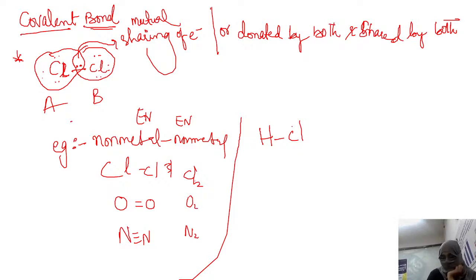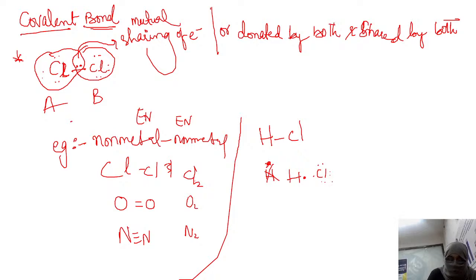Okay, I'll answer here. Let's see why it is so. The reason I mentioned here is that the atomic number of hydrogen is 1, which means it has only one electron in the outer shell. The atomic number of chlorine is 17, that means 2, 8, 7, right?